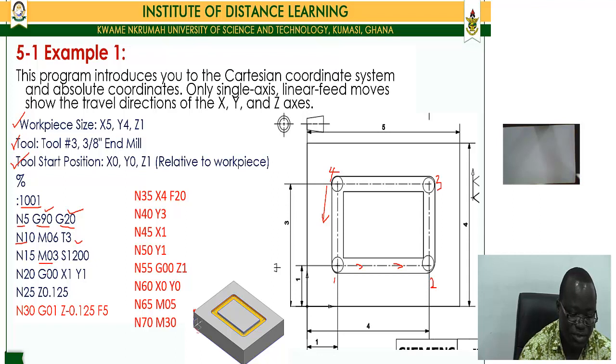Okay, now after we change the tool, then we set the spindle rotating in the clockwise direction, M03, and then we give it a speed. That speed is given as 1200 RPM.